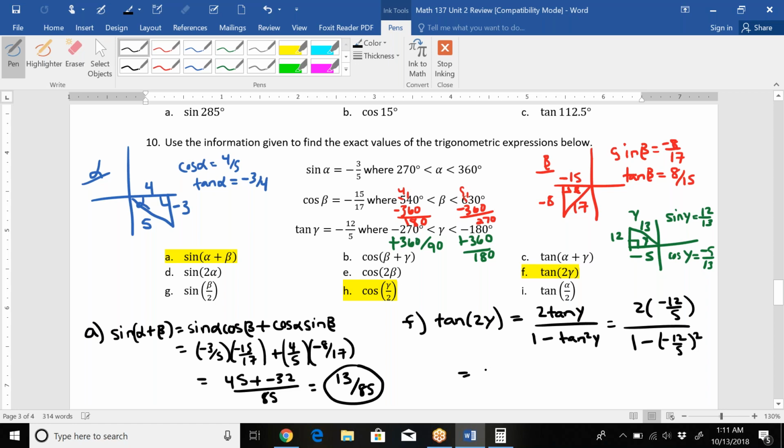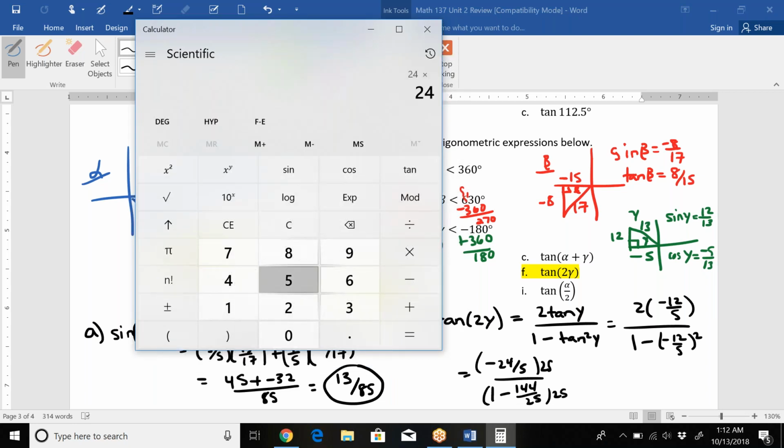Okay, so that would be negative 24 over 5, over 1 minus 144 over 25, because that would get squared and become positive, but you still have subtraction in front of it. I would multiply everything on top and bottom by 25 to clear out those fractions. So that 5 goes into 25 and leaves me with a 5, and then I have to times that by the 24 that's negative.